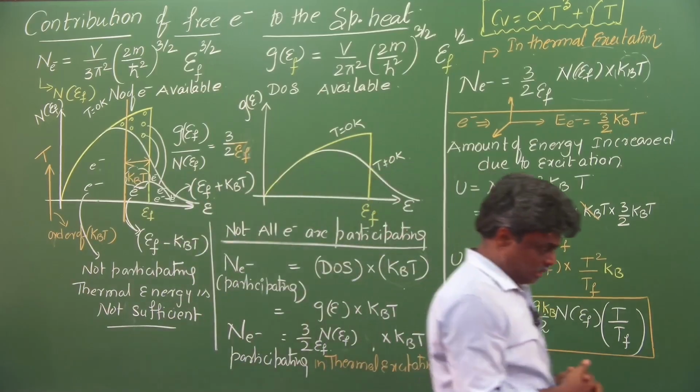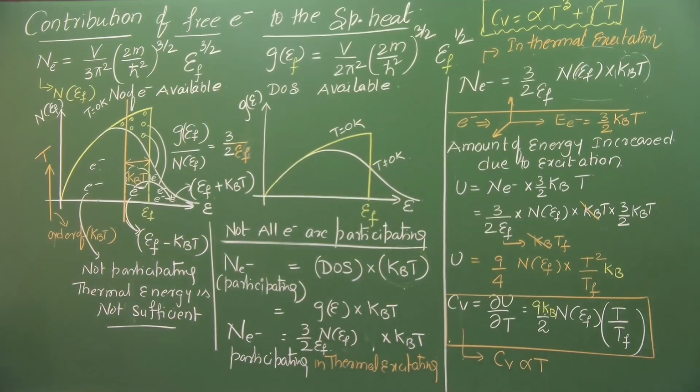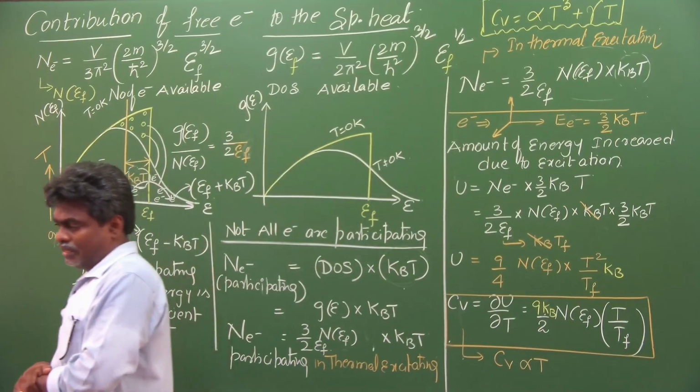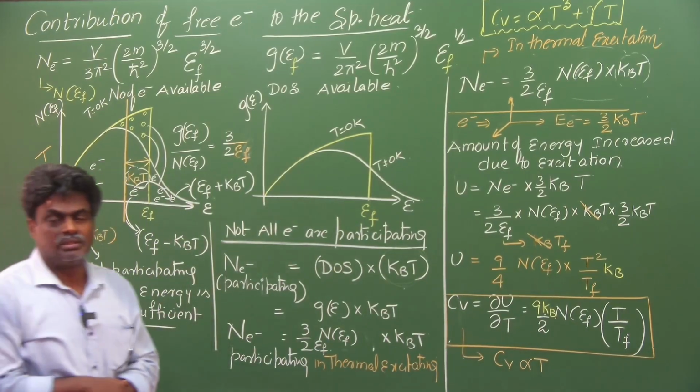Please write that statement: only those electrons which are below the Fermi level within kBT energy are participating in thermal excitation.